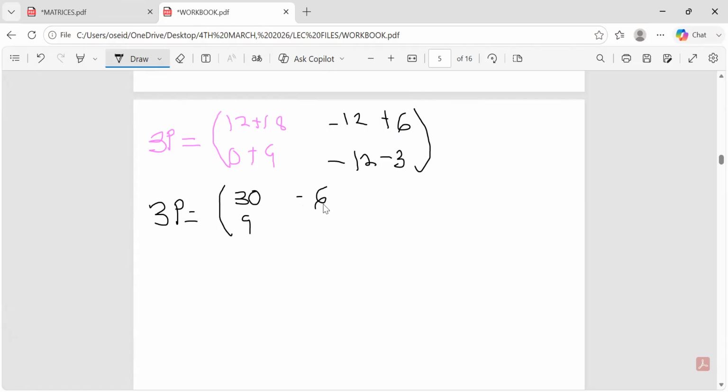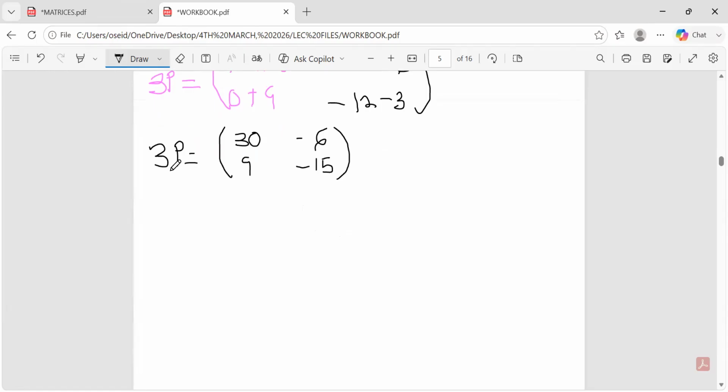Then -12 minus 3 will give us -15. Bracket close. But we want p, not 3p. So we divide both sides by 3.